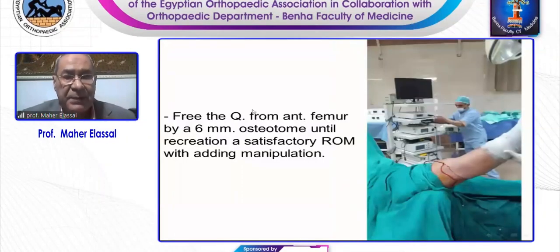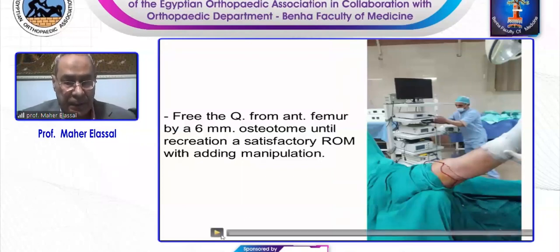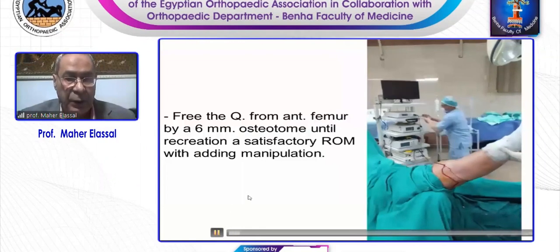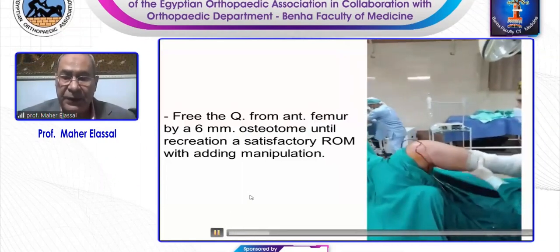Free the quadriceps from the anterior femur by a 6 millimeter osteotome until a satisfactory range of motion is recreated, with adding a manipulation.